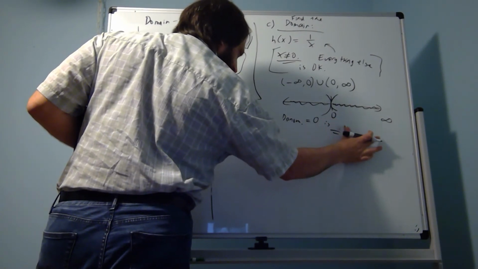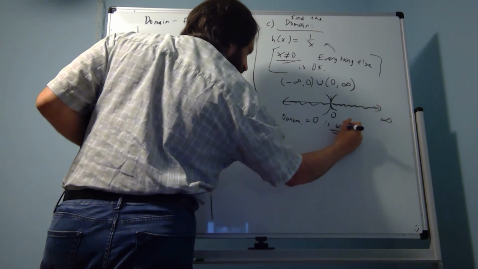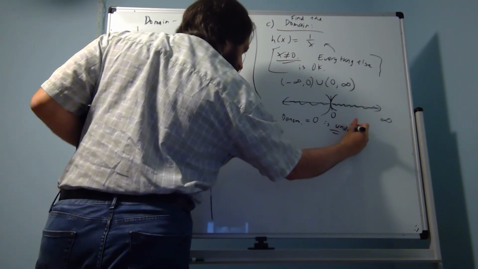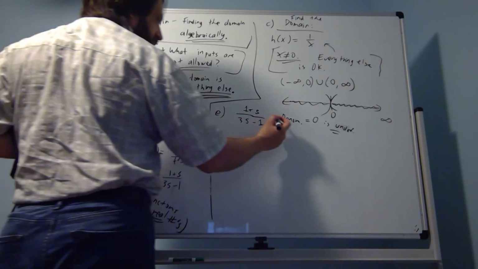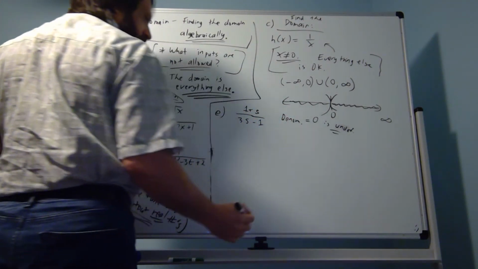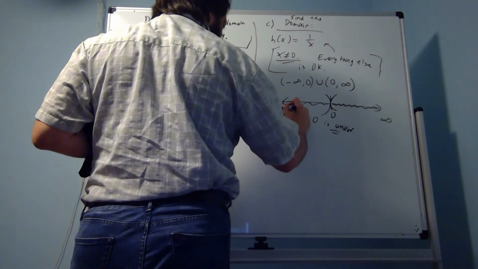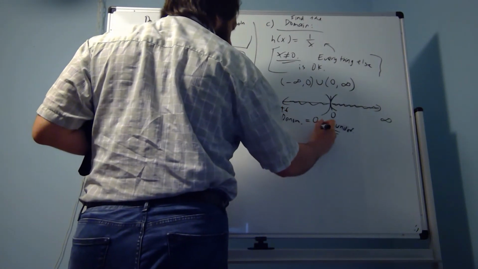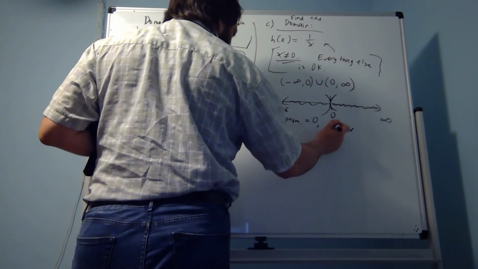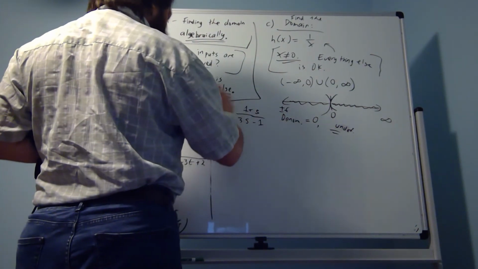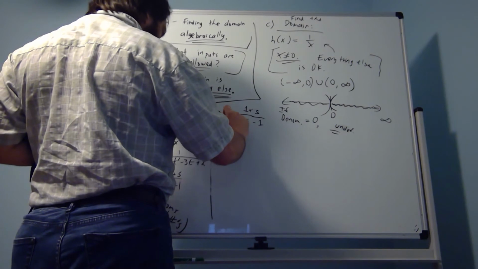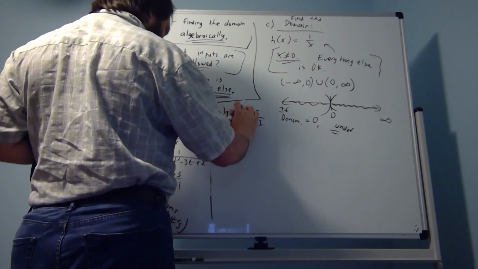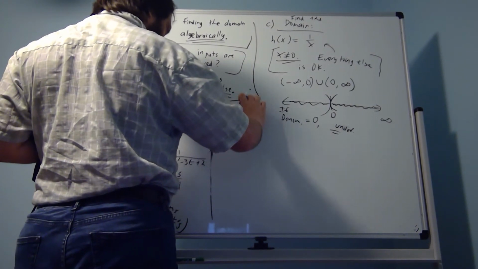I guess bad is kind of a value judgment. Undefined. So if the denominator is 0, the entire expression is undefined. I call this Q of s, equal to all of that.